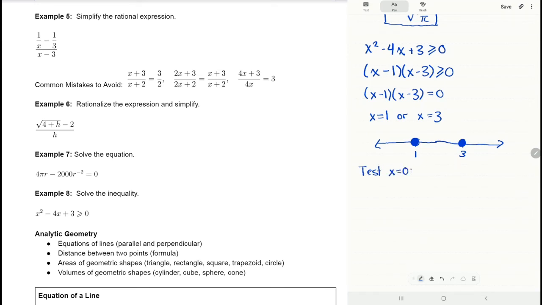And we're going to substitute this value into the quadratic. So here we have 0 minus 1 times 0 minus 3. Okay, that's our factored form. And this will be equal to negative 1 times negative 3, which is positive 3.